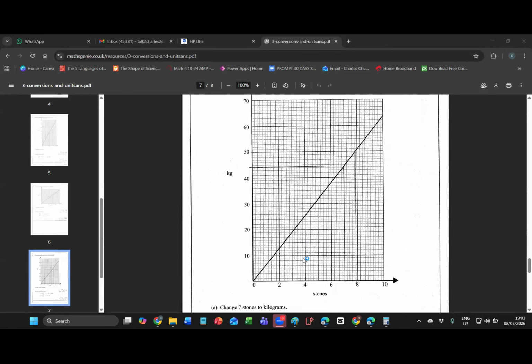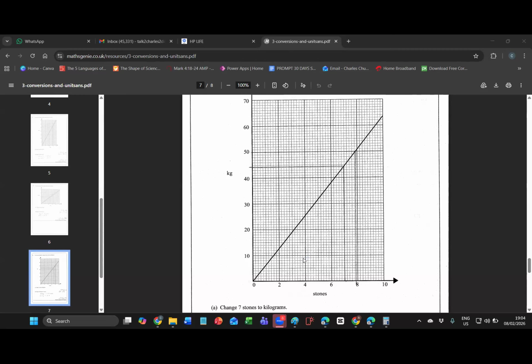This one is stones to kilograms. Okay, so for the x-axis, 2 divided by 10 for 0.2, and then you'll go to the 6 line. So 6 is 6.2, 6.4, 6.6, 6.8, 7. So the 7 is like the black line between the 6 and 8 there.